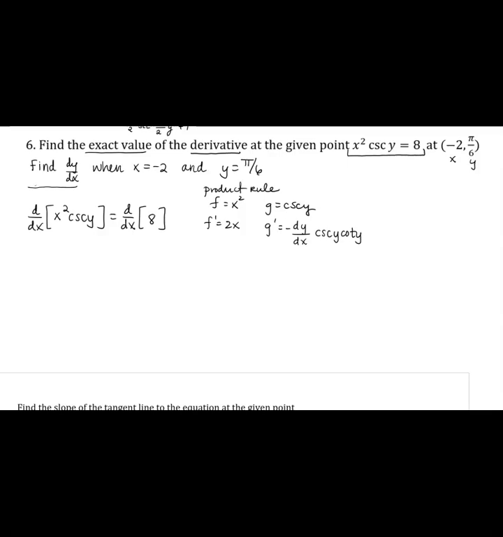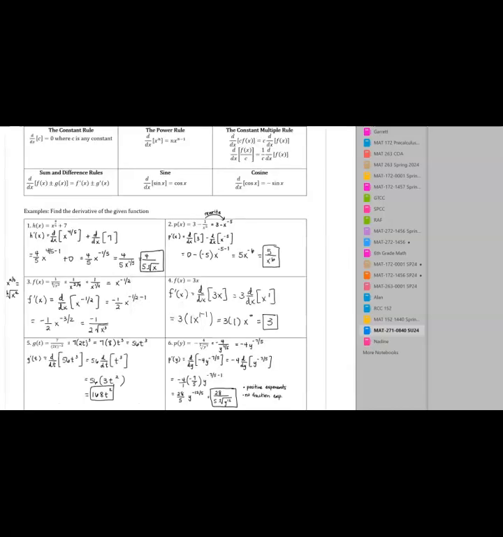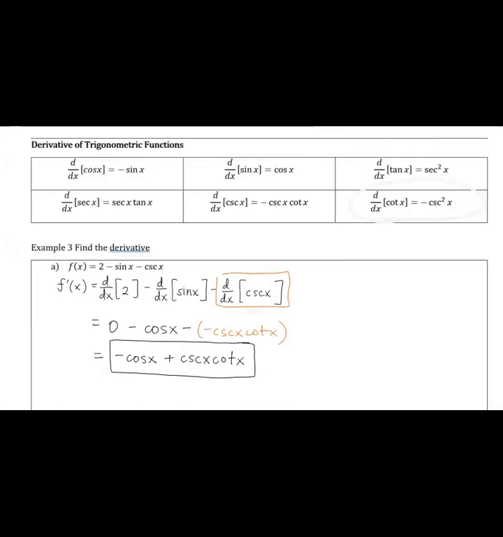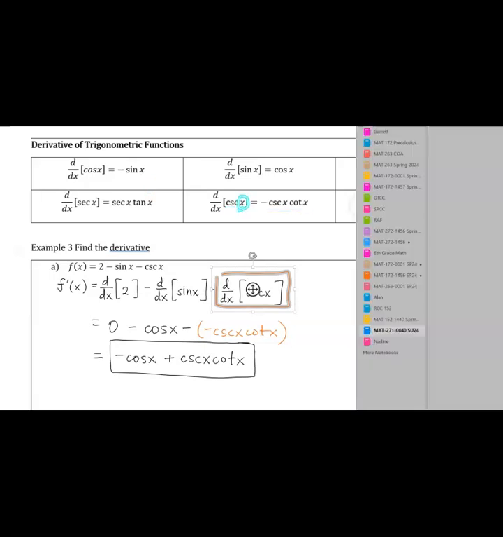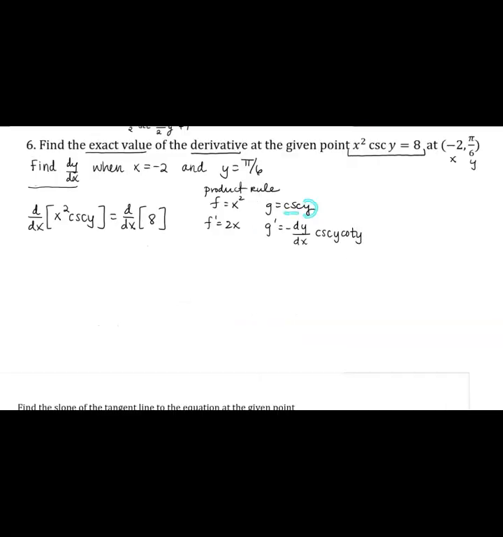So where did that come from? Well, let's go back and look at what the derivative for cosecant is. So back in section 2.3, we learned that the derivative for cosecant x is negative cosecant x cotangent x. But that's cosecant x. We don't have cosecant x. We were taking the derivative of cosecant y.